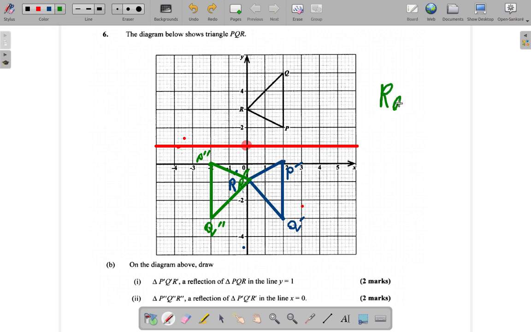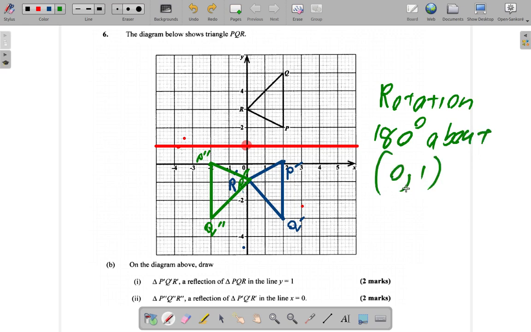So rotation 180 degrees about 0, 1. Whether clockwise or anti-clockwise doesn't matter, but you could state one of them. That's a single transformation that could make the mapping.